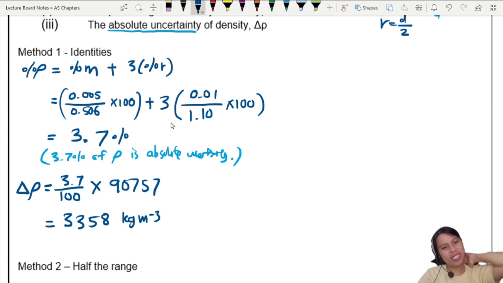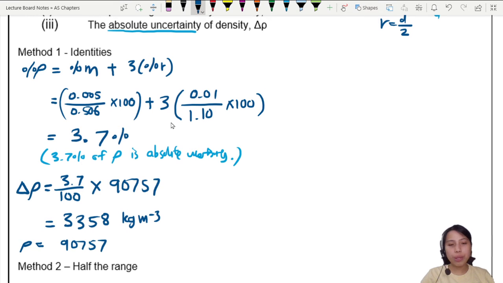Seems a bit strange. Our value of density just now from the previous part, we got 90757, right? So when you want to write the final answer, let's write it on the right side.